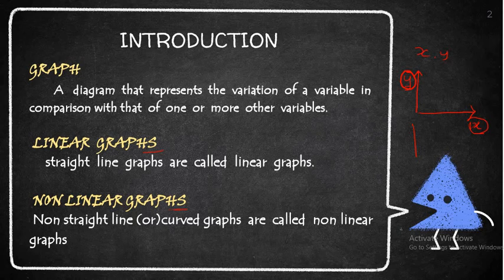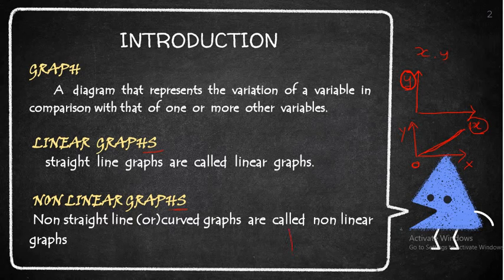See, if I take two variables like x and y, I will plot x here and y here. If I get a straight line passing through the origin like this, this O is called the origin, right? So the line that passes through the origin, this kind of graph is called a linear graph.